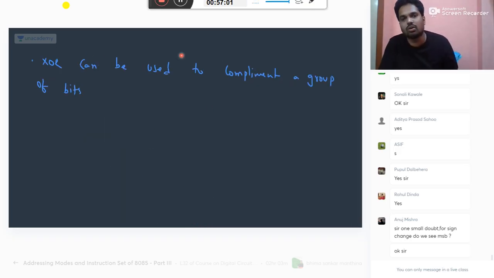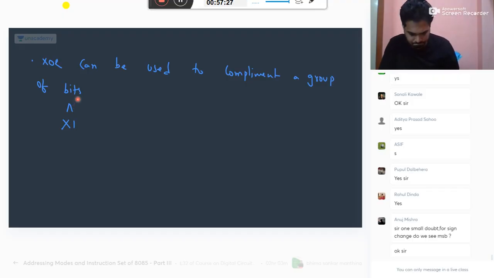You know this rule, right? 1 XOR with A, what is the answer? Tell me, 1 XOR with A. A bar. So 0 XOR with A is A. So wherever you want the same bit, you keep 0. Wherever you want the complement, you give 1. Like that you can see.